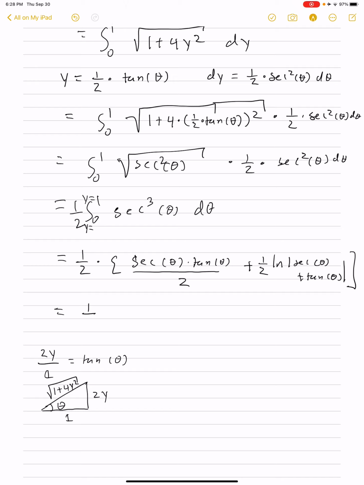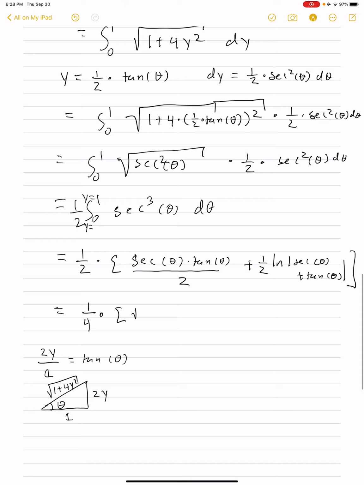Everything has a 2 in it inside this antiderivative, so it will be 1/4 times secant of theta. Secant of theta is nothing more than the hypotenuse here, so square root of 1 plus 4y squared, multiplied by tangent, that's 2y, plus ln of this secant of theta, square root of 1 plus 4y squared, plus 2y, tangent of theta.